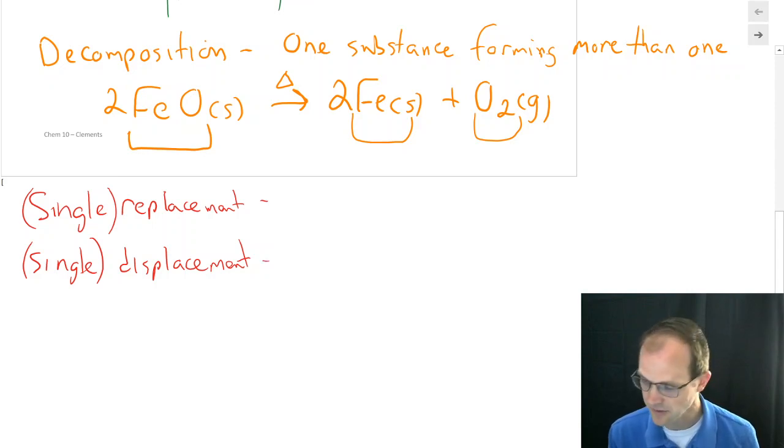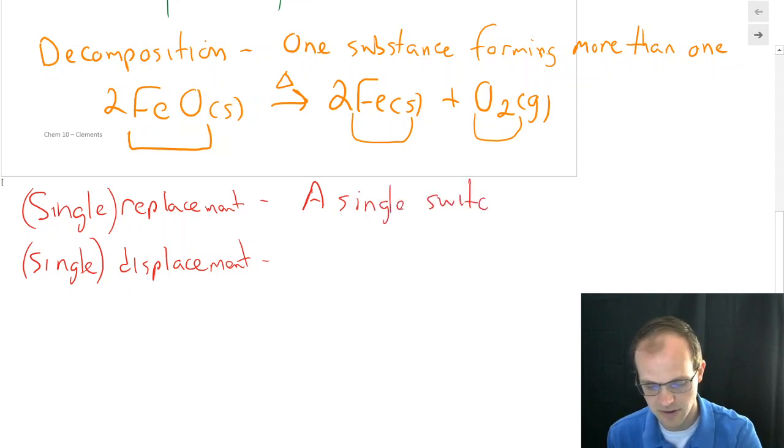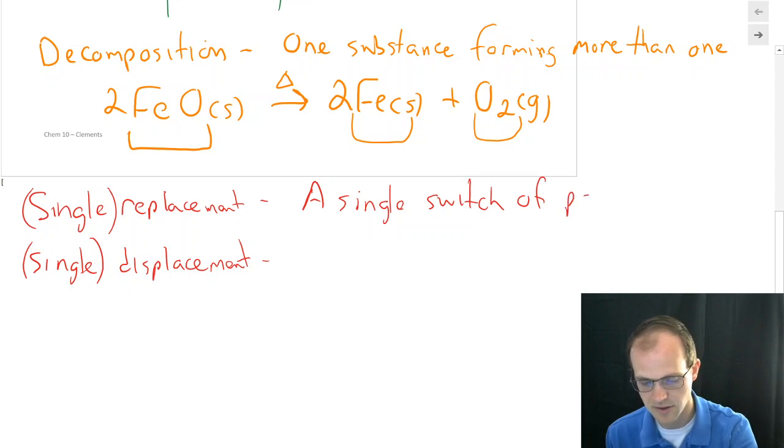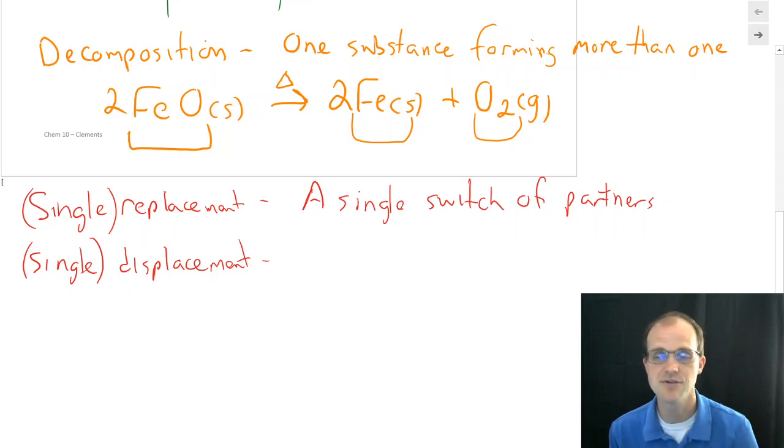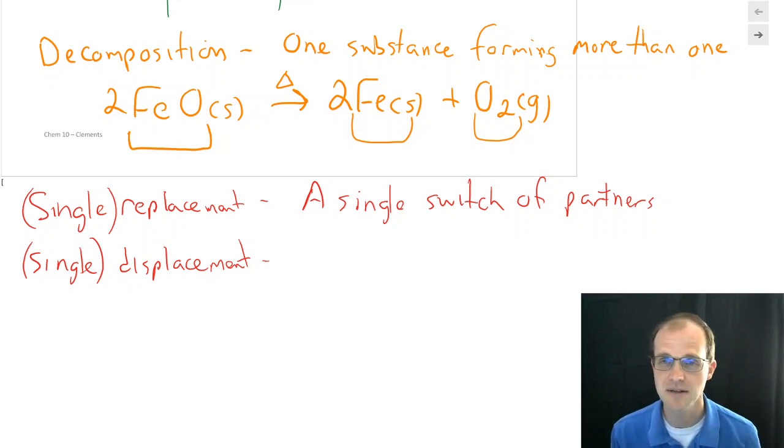So what are those? When you have a single switch of partners. And what do I mean by partners? I mean, there's a metal usually that's attached to some non-metal, either common ions or just an element from the periodic table.